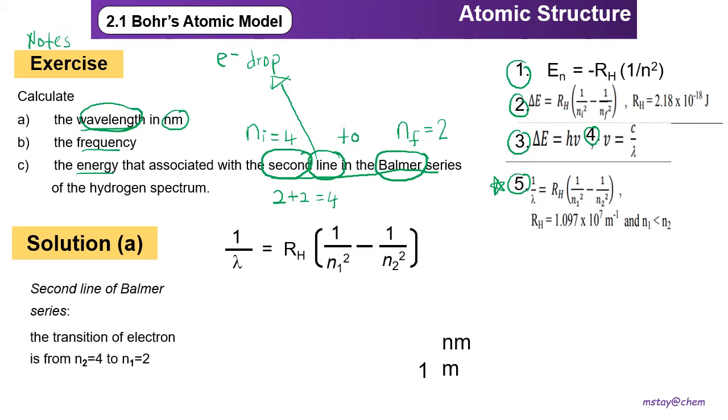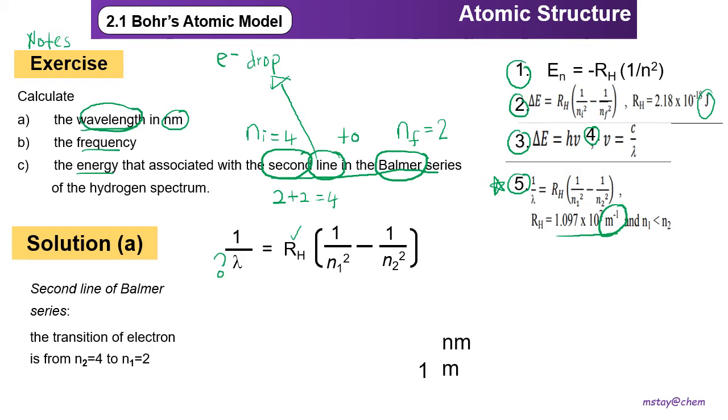Lambda is the wavelength, which we don't know the value. RH according to here is 1.097 times 10 to the 7 per meter. So be alert, we have two Rydberg constants. One is in the unit of joule and the other is in the unit of per meter.